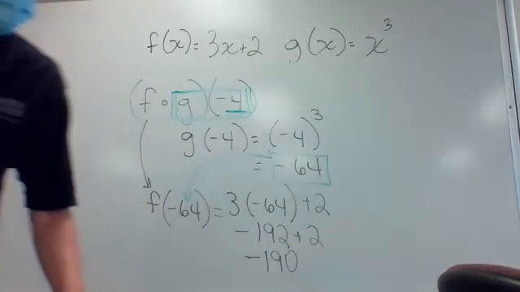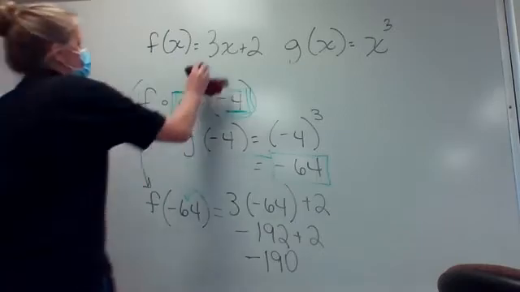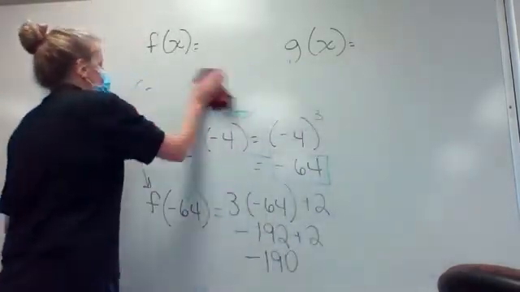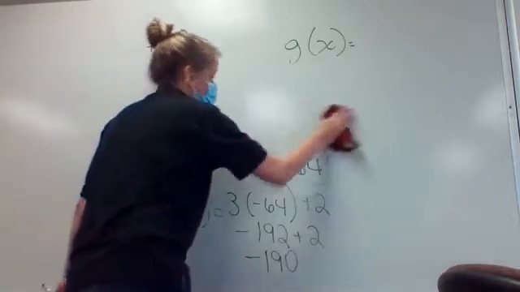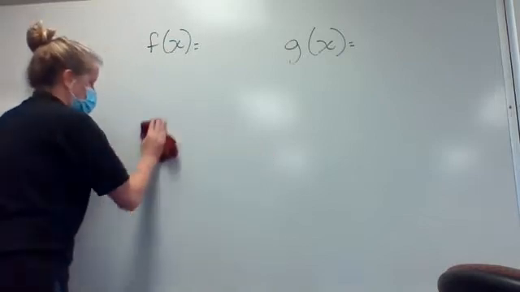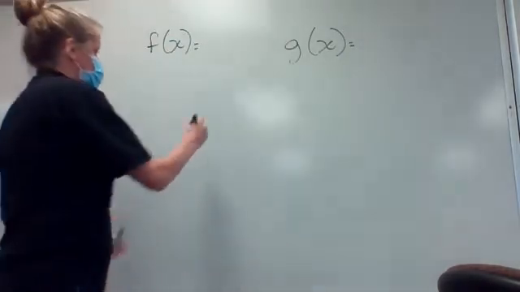Since you're finding f of g of x, it's going to ask you about the domain. And it's going to ask you to put the domain in what's called interval notation.